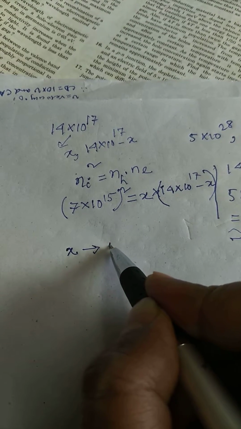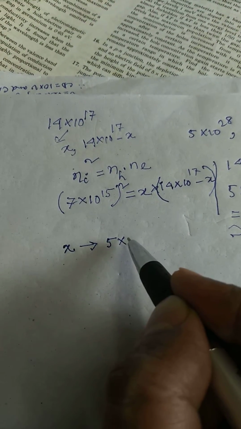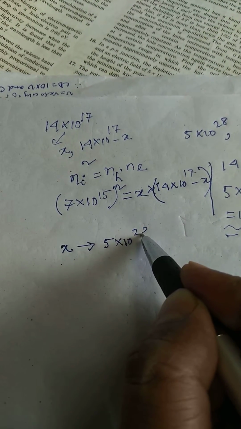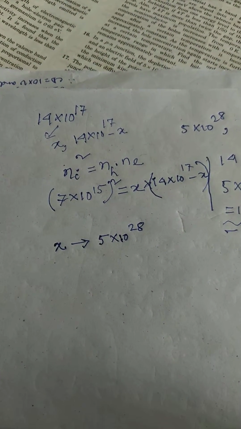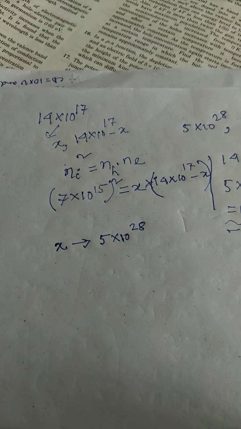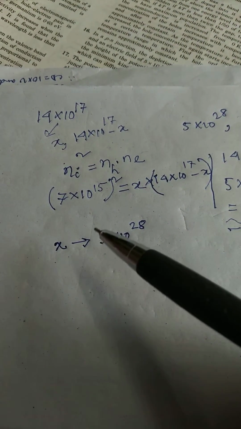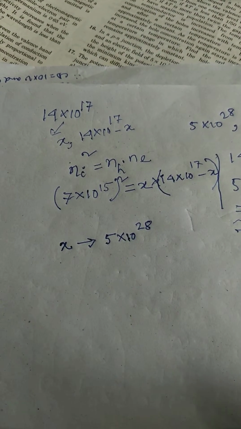When X numbers of borons are there in 5 into 10 to the power 28 silicon atoms.